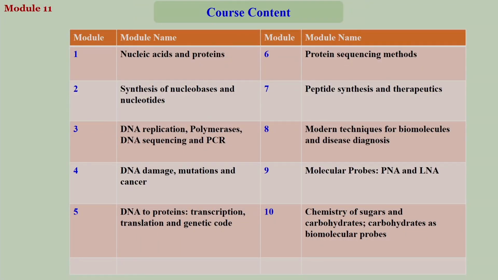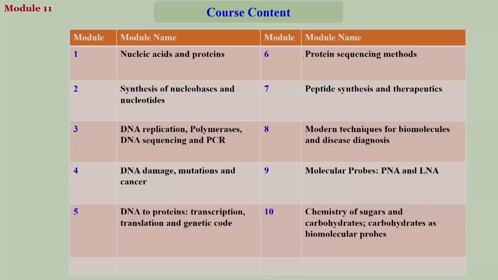Module 6 is about protein sequencing methods. So, I had divided the module into two. It was a single module, these two, 6 and 7, was a single module. So, module 6 is on protein sequencing methods. In module 7 we talked about peptide synthesis, the organic synthesis of peptides and its application in therapeutics.